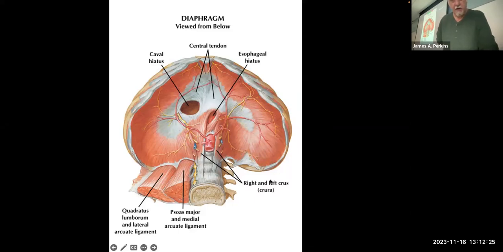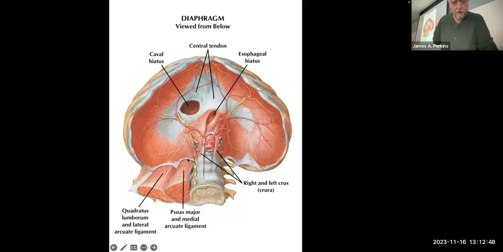The other things to look for in lab today, and your dissector will mention these, although I think the dissector does a lousy job of describing them, so it's helpful to see them here on this picture. There are things called arcuate ligaments. There's a medial arcuate ligament and a lateral arcuate ligament.